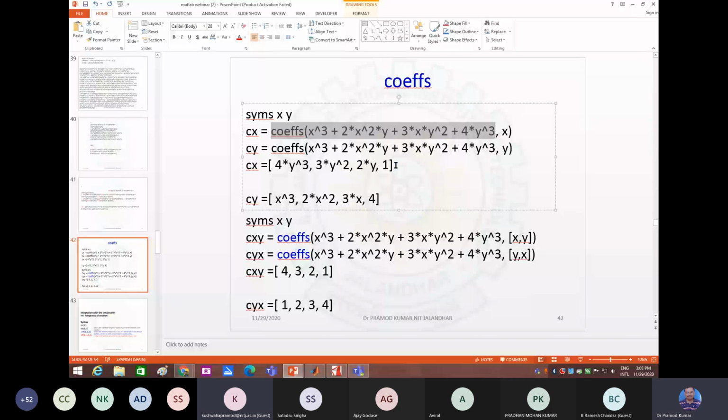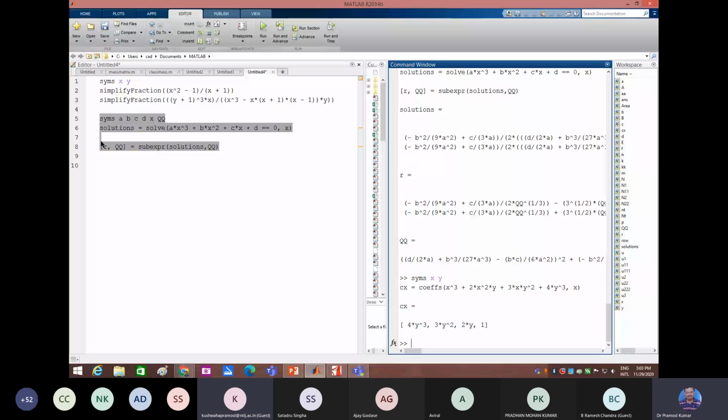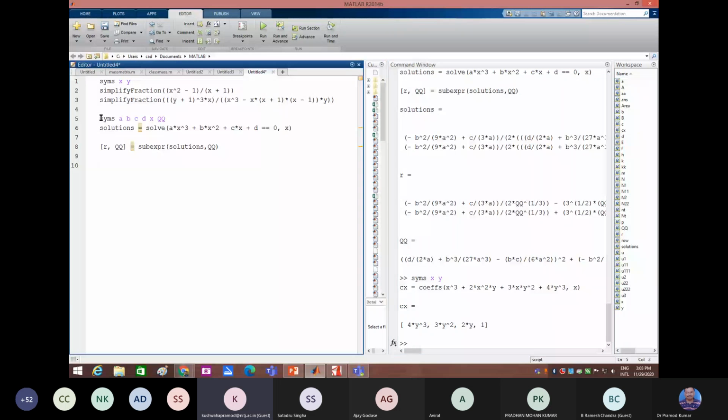Just let us see how it works. Coefficient. I will give you certain problem to do the practice for this similar problem.